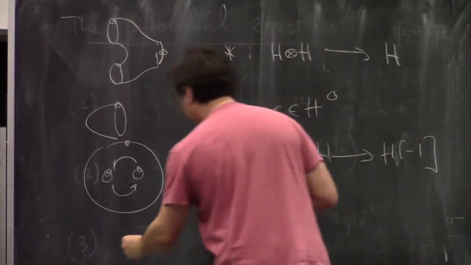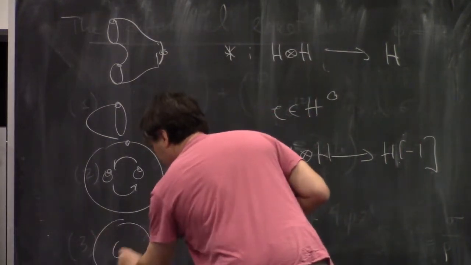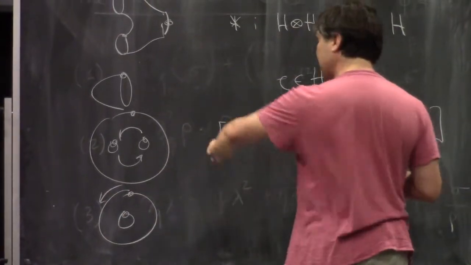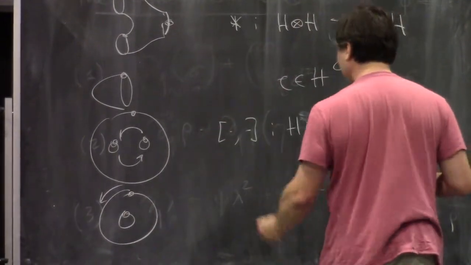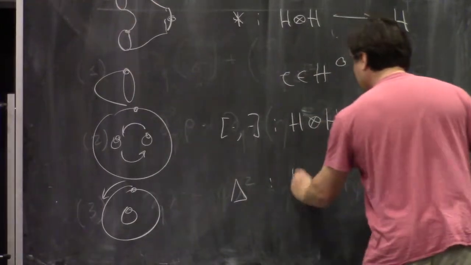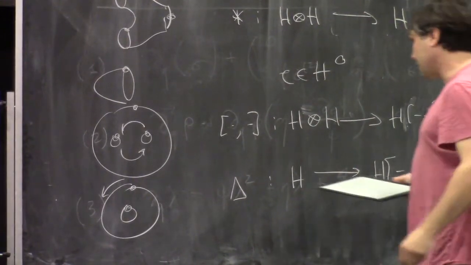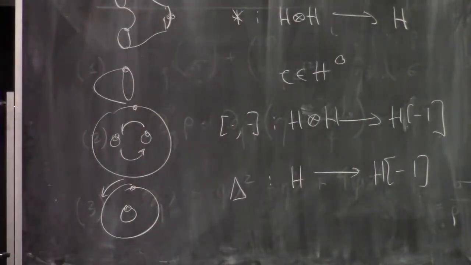And now you have the family where you have an annulus, but you move one of the markers around, so it's again a one parameter family, and it gives you the BV operator, which makes this into a BV algebra. Okay?